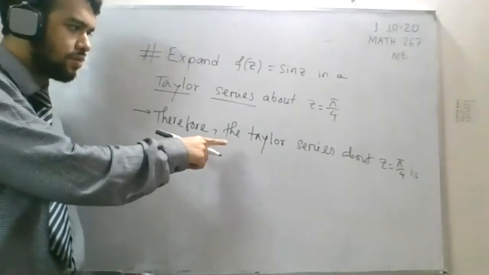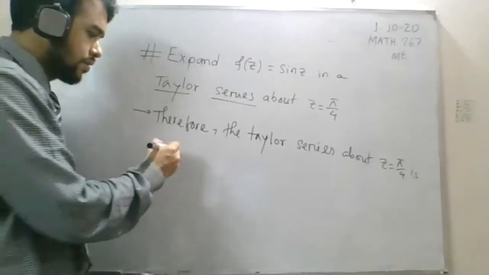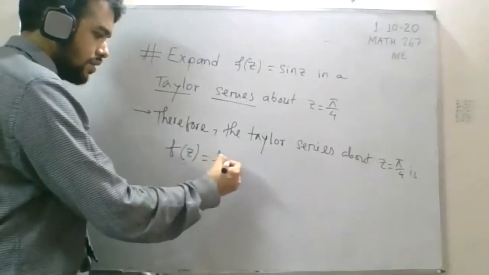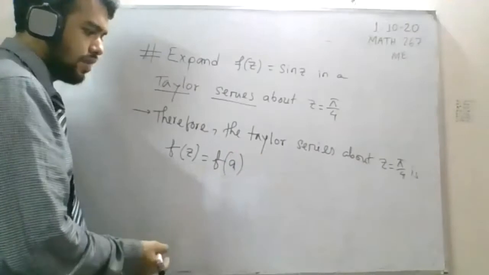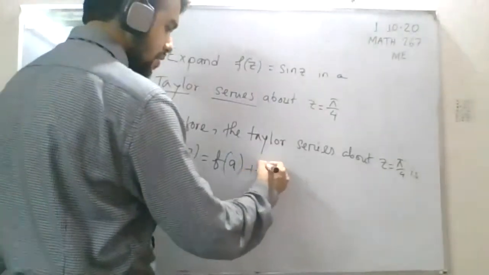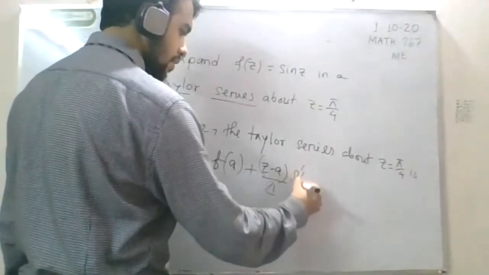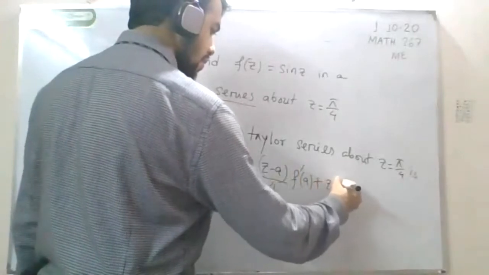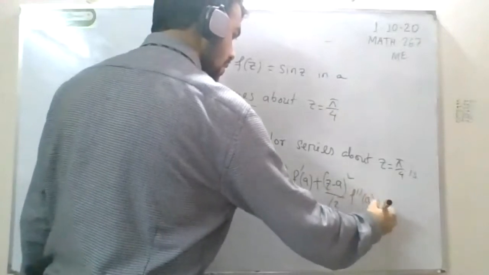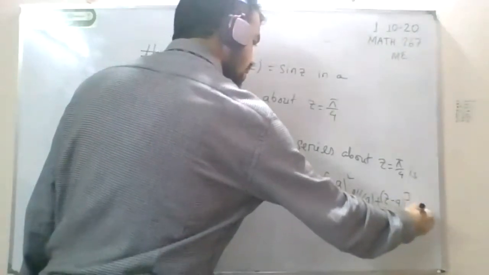What is the formula for the Taylor series? f(z) equals f(a) plus (z minus a) by factorial 1 f prime a, plus (z minus a) square by factorial 2 f double prime a, also (z minus a) cube divided by factorial 3 f triple prime a.